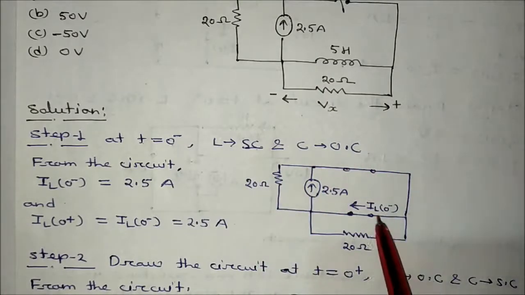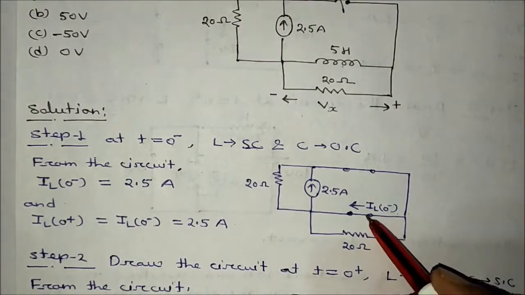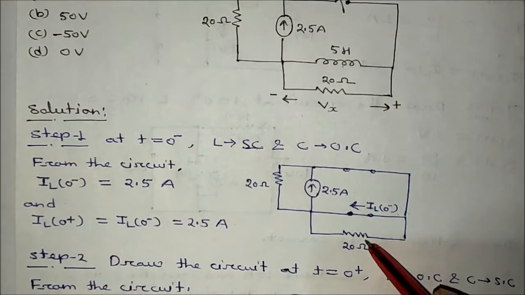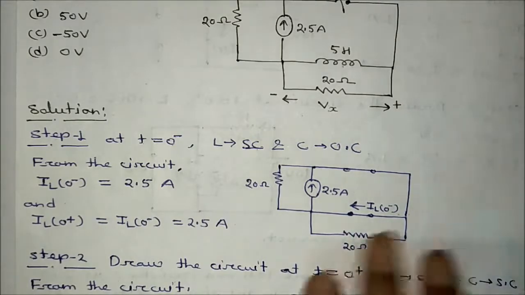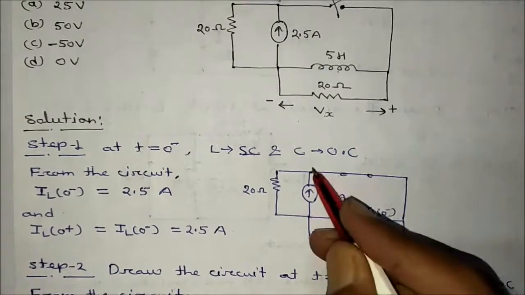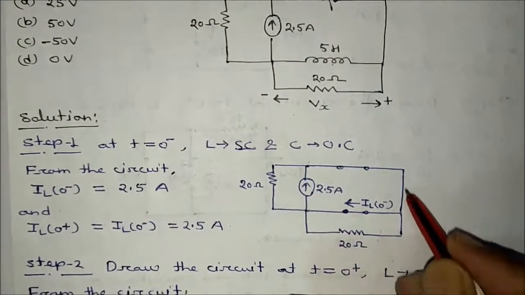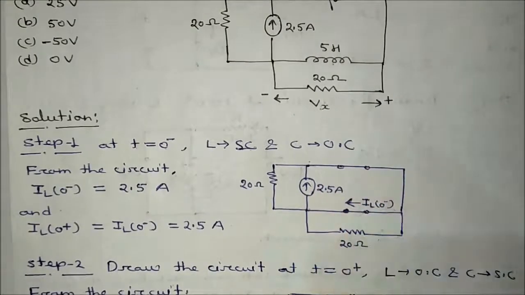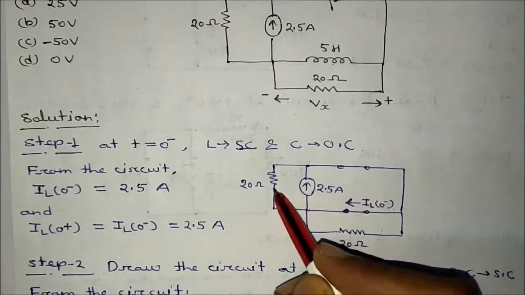Can you find this IL0 minus? You see this short and this 20 ohm. This will make it short, which means this current will be 0. So the circuit will look like this. There is a 2.5 ampere current source, a 20 ohm resistance, and a shorted path around it. The total current will flow in this direction, and there will be no current here.